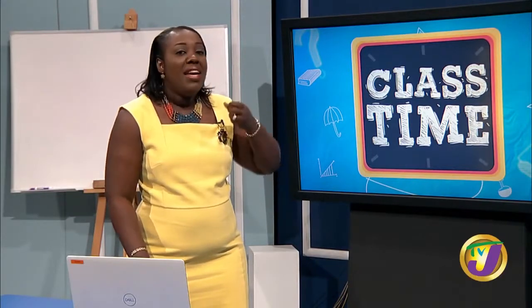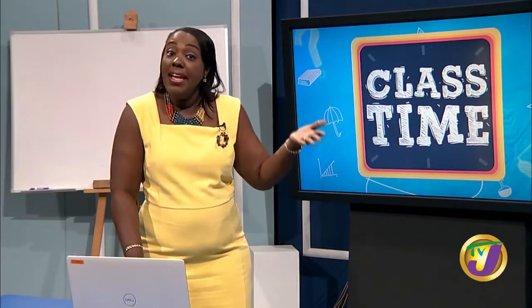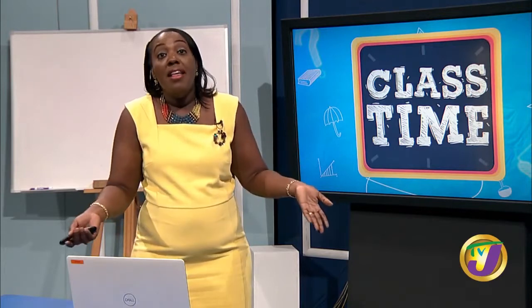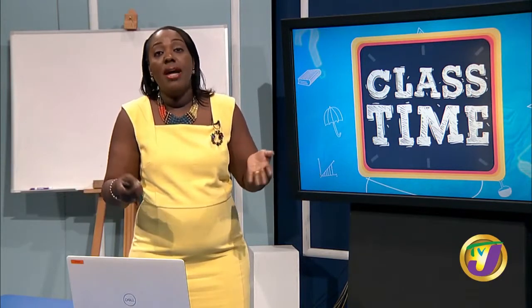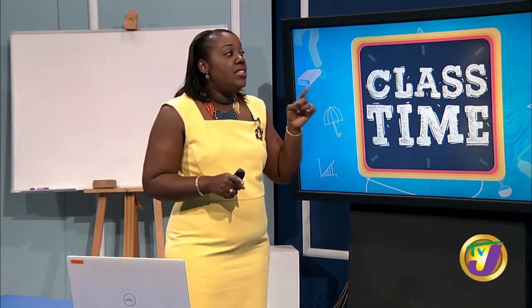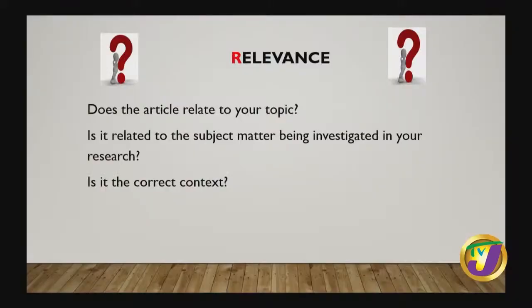And why? Because the information is going to be flawed. What am I doing with Canadian or Australian information in a research paper that clearly states we are talking about the Jamaican society? Erroneous information right there and then. Is it related to the subject matter being investigated in your research? Ask yourself that. Is the context correct?